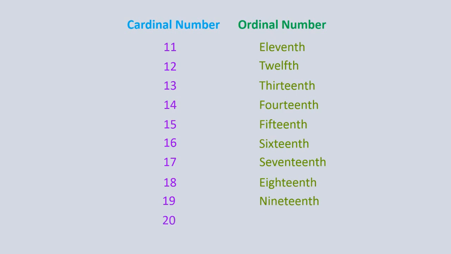And 20, TWENTIETH. So in 20 also, for the cardinal number name what we are writing? TWENTY. But when we write the ordinal number, it will come TWENTIETH. So children, these spellings you are going to learn.